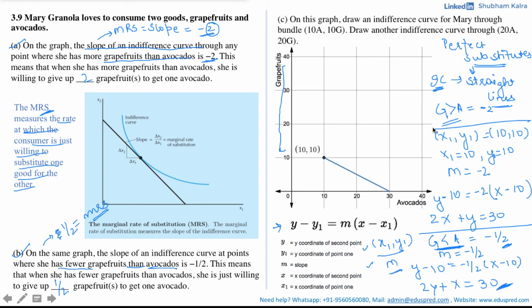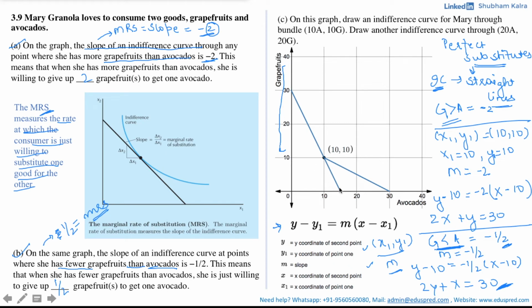Now, let's do the same exercise with this equation of the line, where Mary is able to have more grapefruits than avocados, having the slope of minus 2. Let's first draw this line having the equation 2x plus y is equal to 30, which would look like this. Now note that again this line is divided into two segments. Note that the indifference curve for Mary will consist of that segment of the line where she is able to have more grapefruits than avocados.